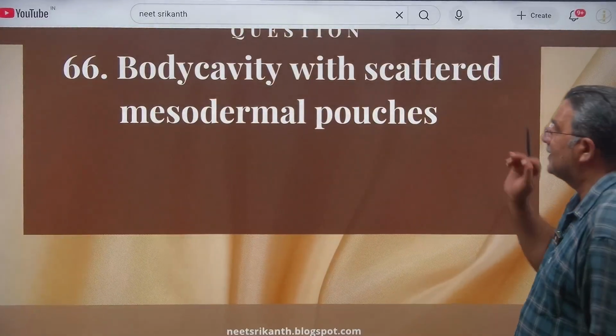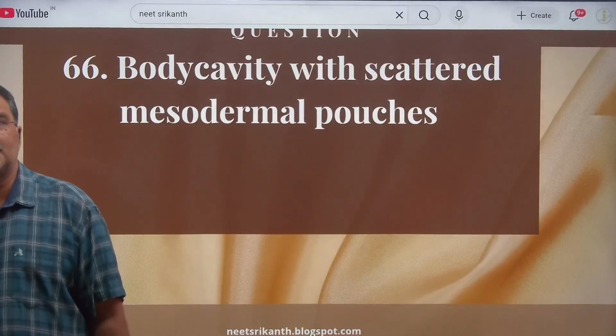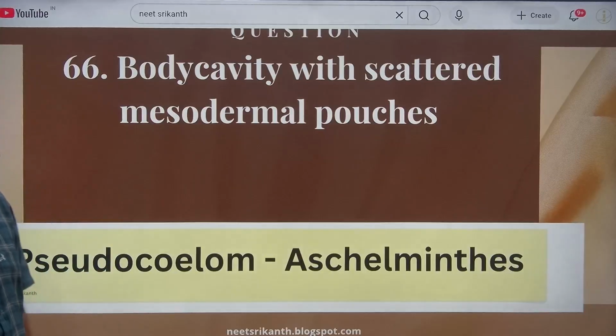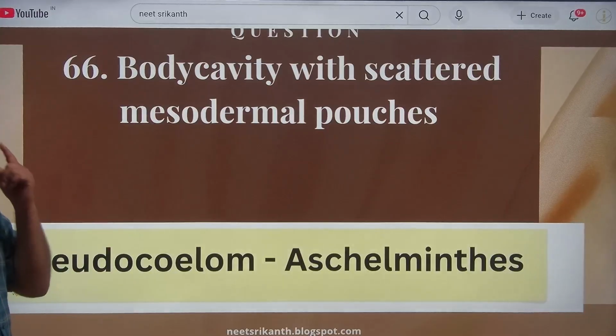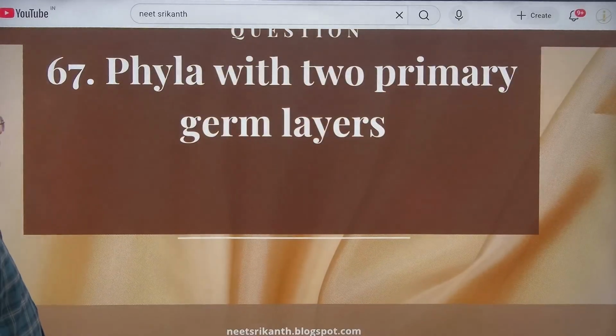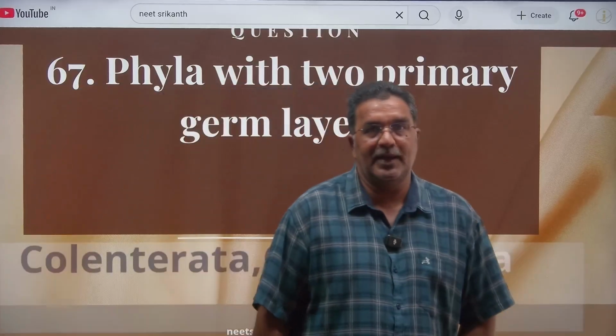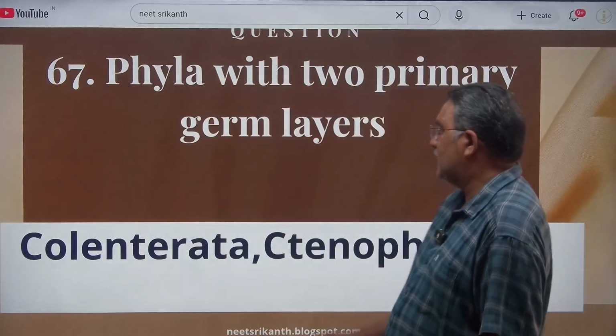Body cavity with scattered mesodermal pouches, for whom is it? Pseudocoelomates, Aschelminthes. Pseudocoelom, Aschelminthes, an NCERT line, very important. Phyla with two primary germ layers, Diploblastica is being asked, so Cnidaria and Ctenophora. Cnidaria is nothing but Coelenterata.